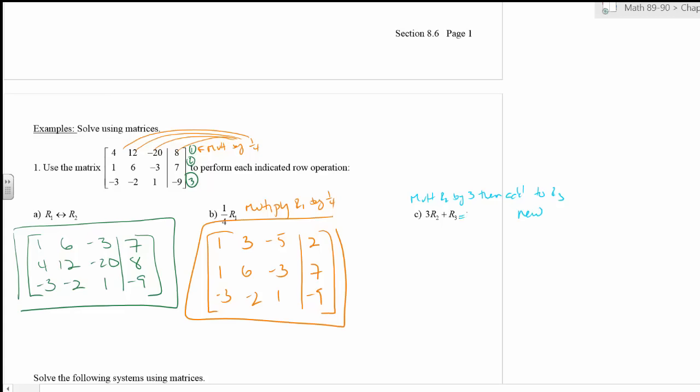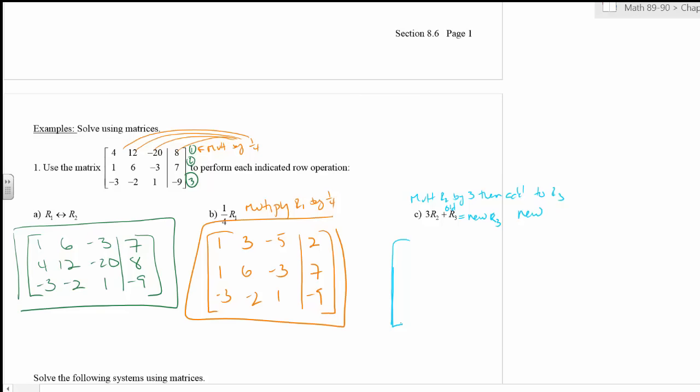This is the old R3, and we're going to get a new row 3. Whatever row you add to, not the one you multiply by, is being replaced with a newer and improved row, meaning there's a 0 or 1, usually zeros, that we're after. So let me show you what that looks like.